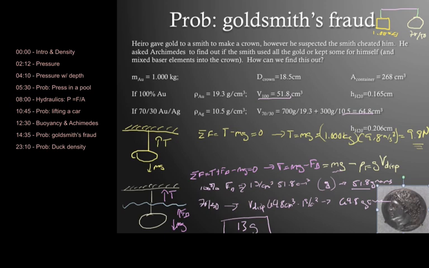So what this means is that if you weighed this in the water, there's going to be more buoyant force on this impure part, right? The buoyant force is bigger than on this one. So it's going to tip the scale like this. And so you're going to know that this was made out of baser elements in addition to the gold, but it's not as dense as this gold is.